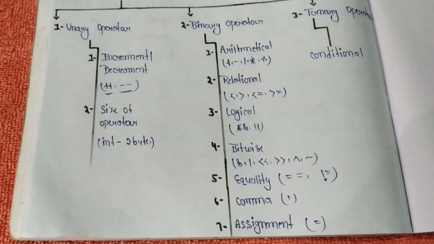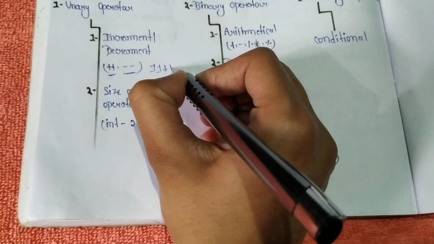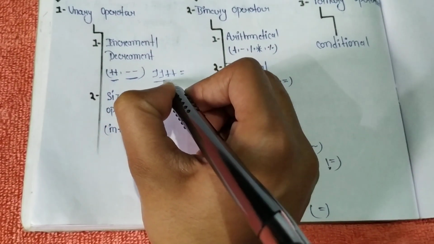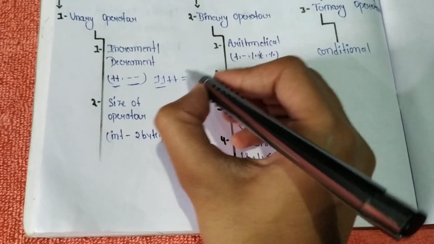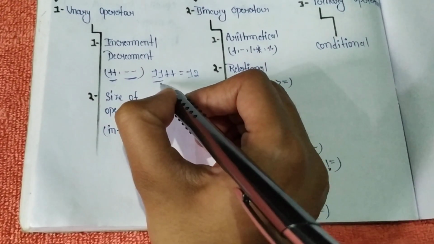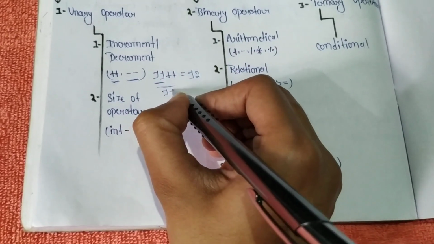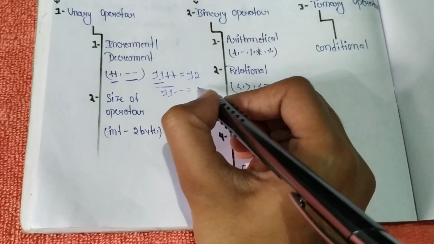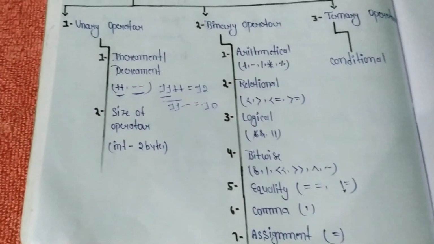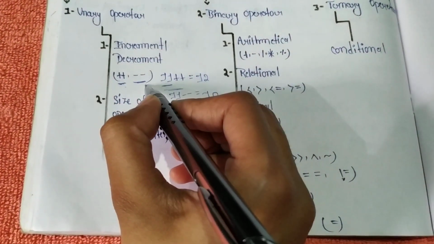If we write 11 plus plus, with any kind of variable in our C program, we find the output is 12; it is the post-fix form. And if we write 11 minus minus, we find 10. So this is for increasing the value and this is for decreasing the value.